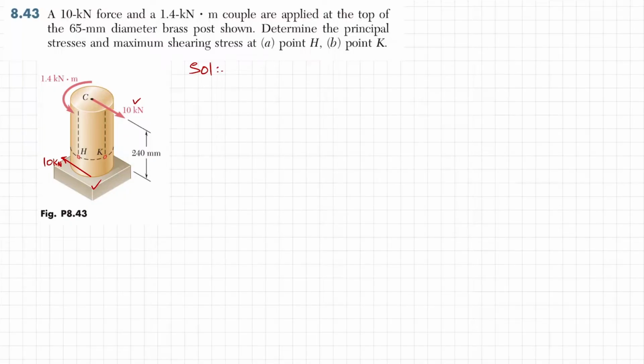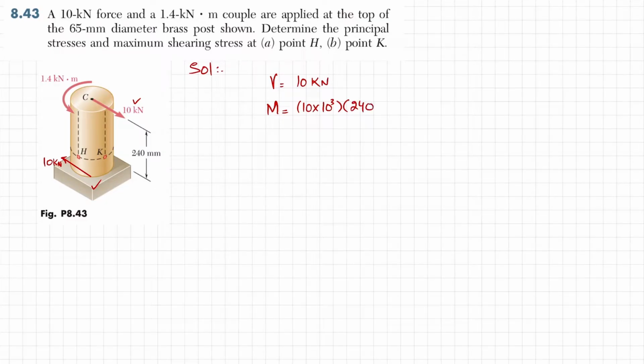So shear force V at the end is equal to 10 kilonewton. Clear? The bending moment will be equal to the load, 10 into 10 raised to power 3 newton, into the perpendicular distance, 240 millimeters.